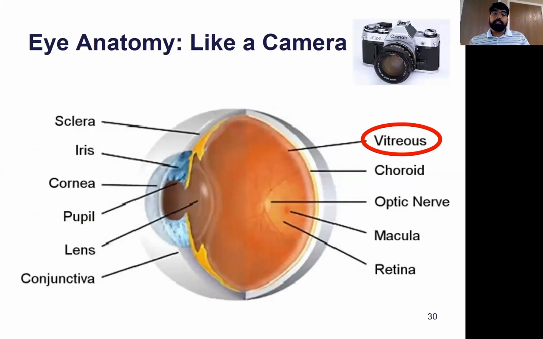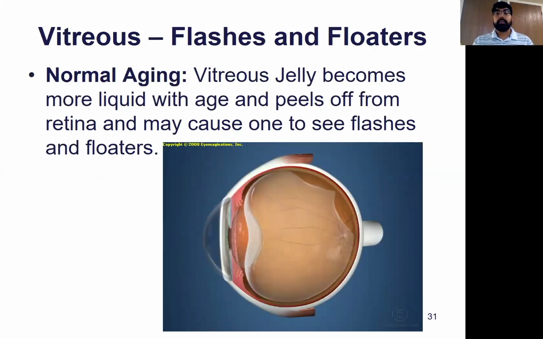In between the optic nerve and the front of the eye is the vitreous humor, and this is the jelly of the eye. It's like egg white in consistency. When you break open an egg, it's very sticky, and the vitreous is attached to the retina. When it does separate due to aging and it condenses into more liquid, you may see floaters, and it also may pull on the retina and cause you to have flashing lights when it stimulates the retina by pulling on it.